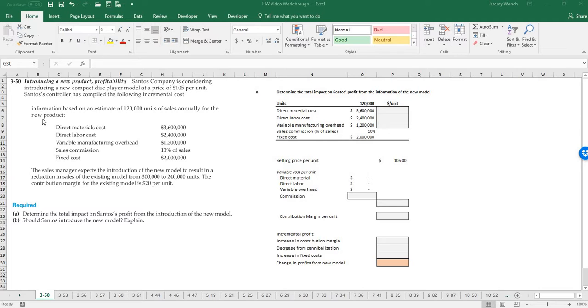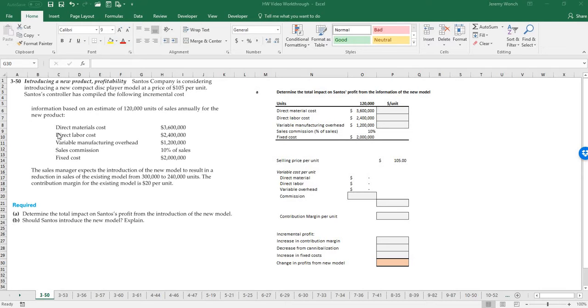That's the variable cost. Then we also have fixed costs, things that aren't going to change as we sell more units, maybe the rent on the building or the manager's salary. Whether we sell one or a million, fixed costs aren't going to change.